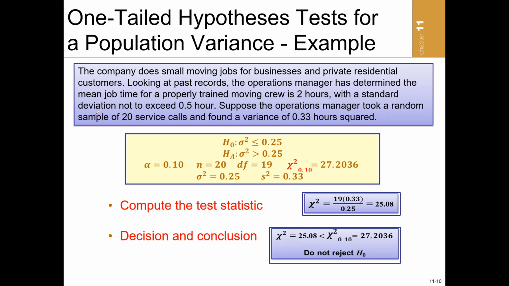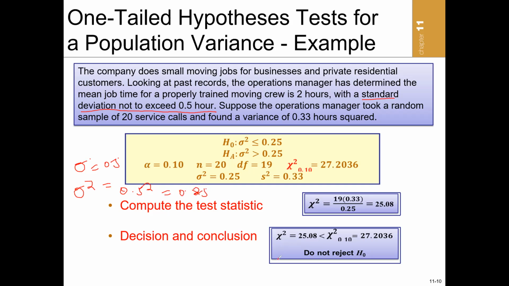So the standard here is that the standard deviation does not exceed 0.5 hours, okay? So if standard deviation is equal to 0.5, the variance, which is the standard deviation squared, will be 0.5 squared, and it will be 0.25, all right?